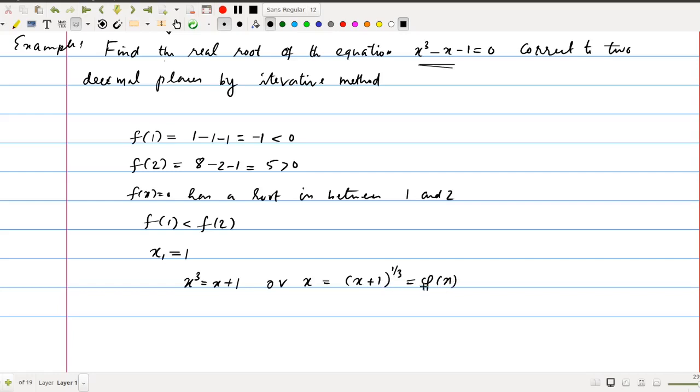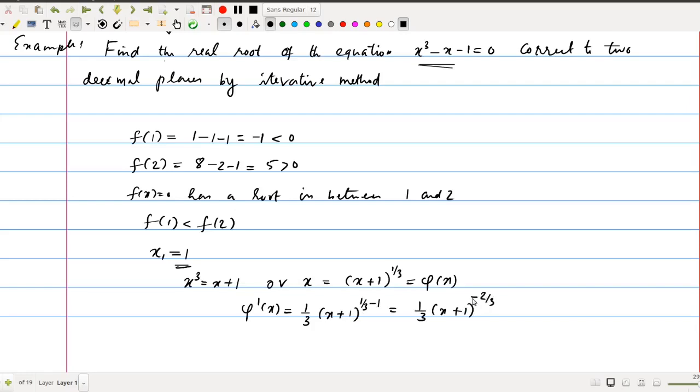So our phi of x is x plus 1 whole to the power 1 by 3, and our initial approximation is 1. Just verify phi dash x. Phi dash x is obtained as 1 by 3 times x plus 1 to the power 1 by 3 minus 1, that is equal to 1 by 3 x plus 1 raised to minus 2 by 3.